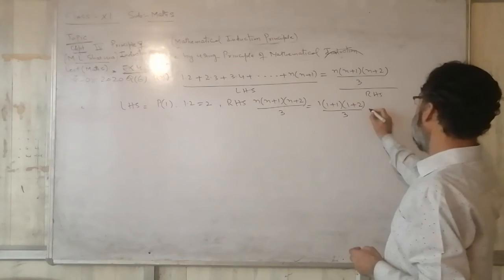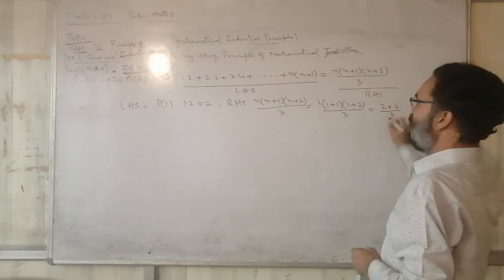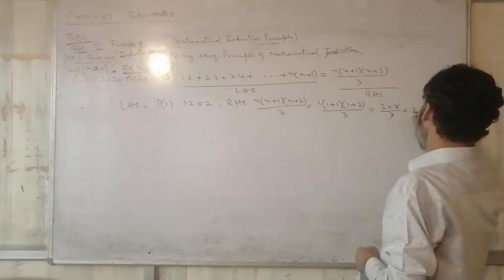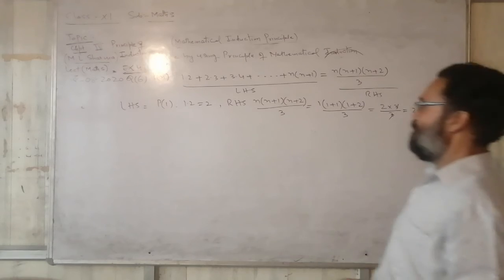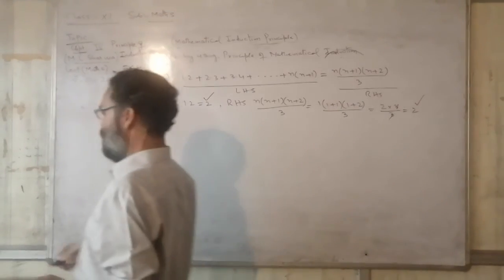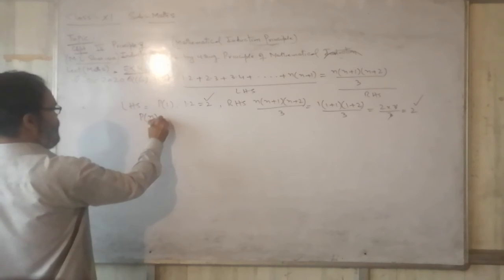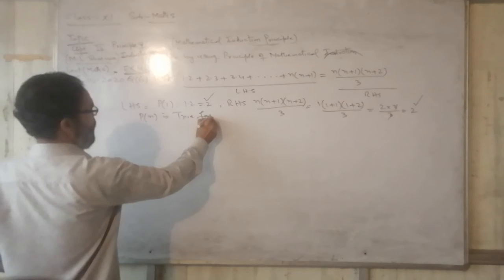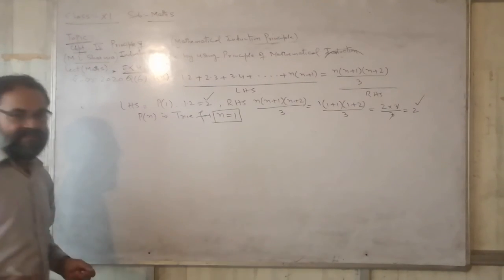So this will equal to 1 into 2 into 3 upon 3. So 3 and 3 will cancel. So this is equal to 2. So left side and right side, they are equal. When they are equal, that means Pn is true for n equal to 1. So this is the first step.